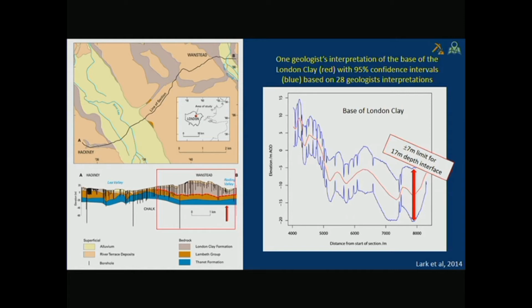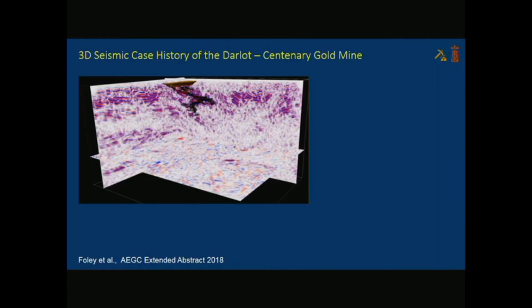It's not a particularly complicated layer, but you can see that there's quite a lot of variation when you consider that there's about plus or minus 7 meters of uncertainty in the 95% for something that's only 17 meters deep. So something as simple as that, something where there's as much data as that, when you give it to 28 different geologists, you get, of course, 28 different answers. And so we'll talk about what to do about that a bit later on.